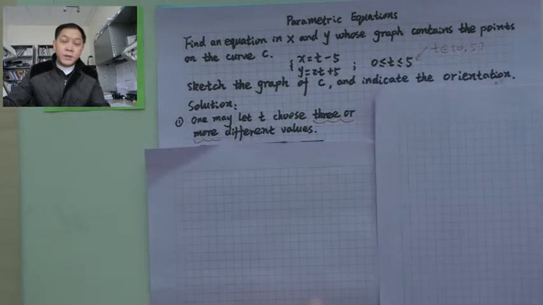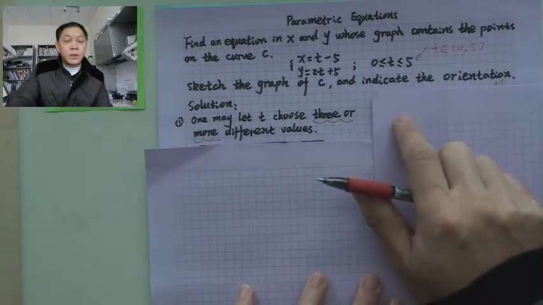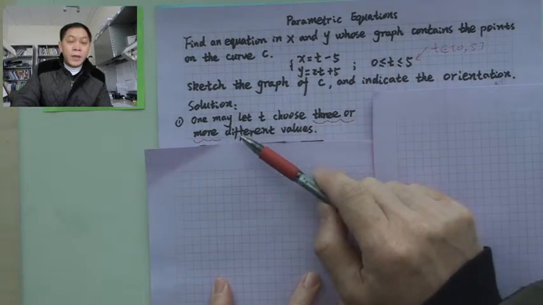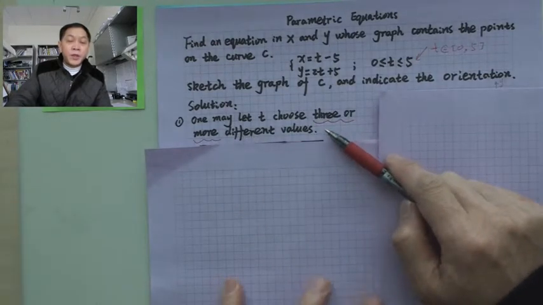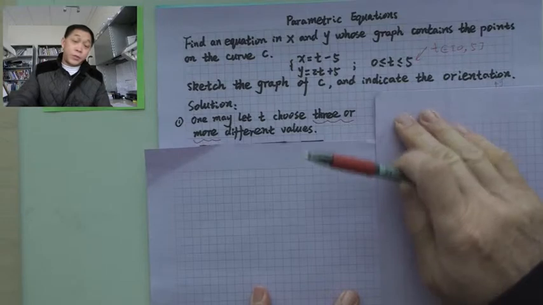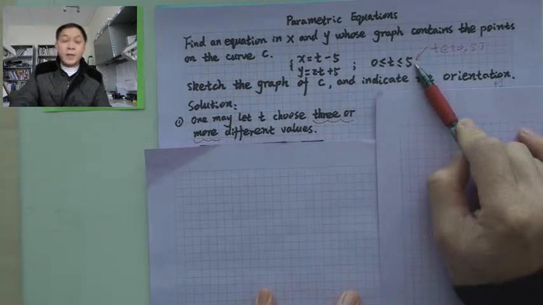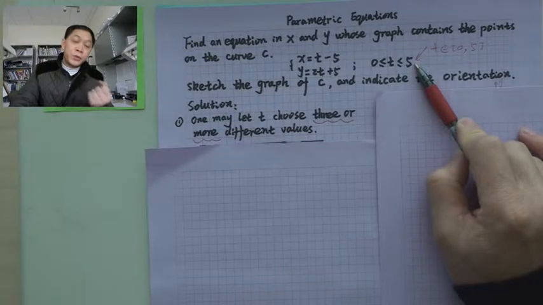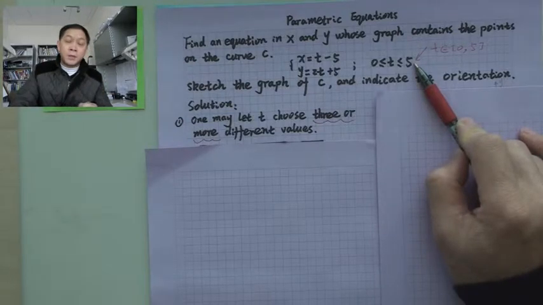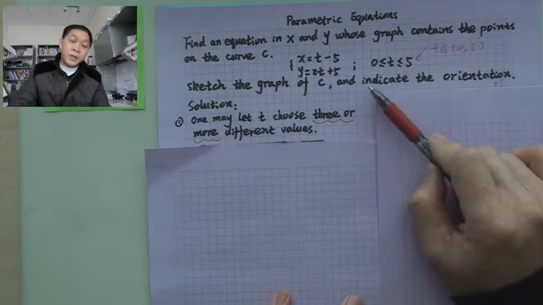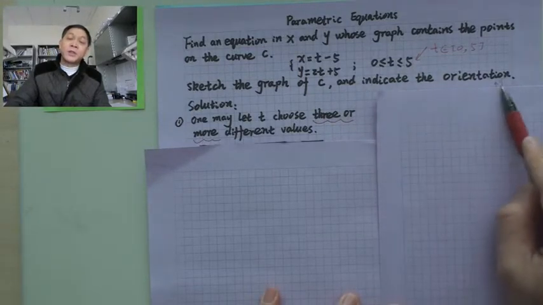Step 1 is that we let t take 3 or more different values between 0 and 5. Normally we should choose 3 or more, not 2. Sometimes you can choose 2, but 3 or more is better, so you can see the orientation clearly.